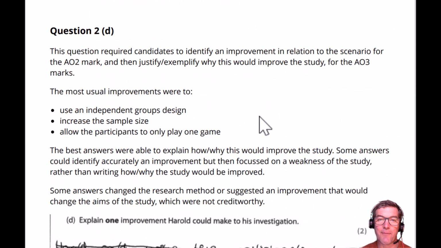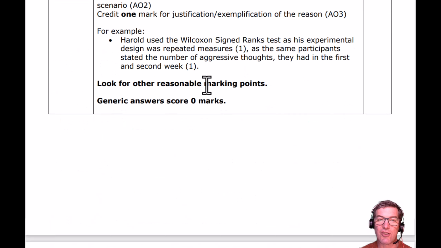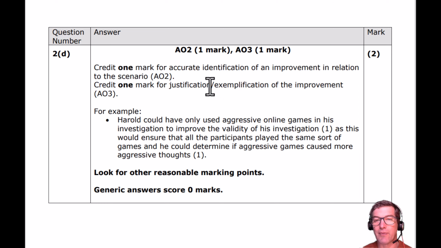So just one final part of this question to look at, which was the improvements. There are various improvements that you could suggest here that would get you both marks. But again, this is a question with an AO2 mark and an AO3 mark for justifying why the difference would improve the study.